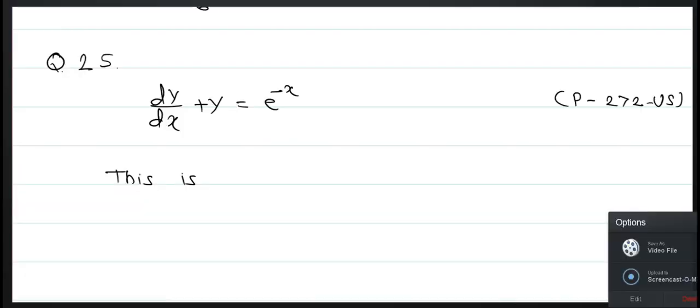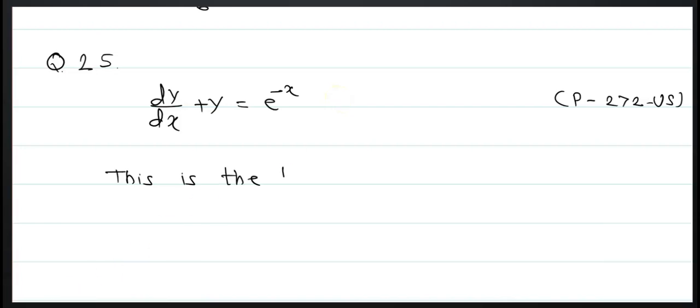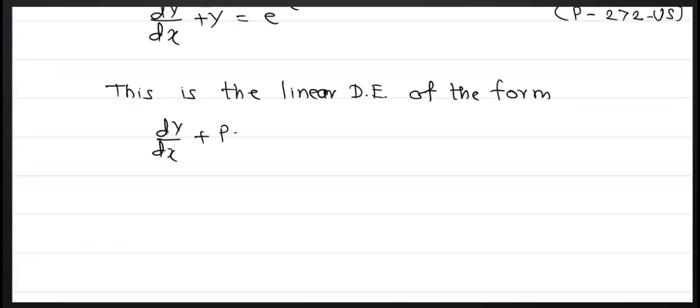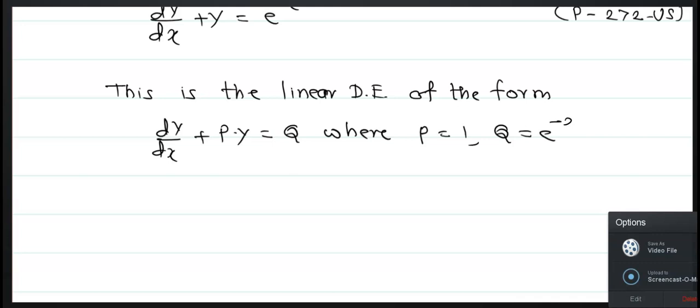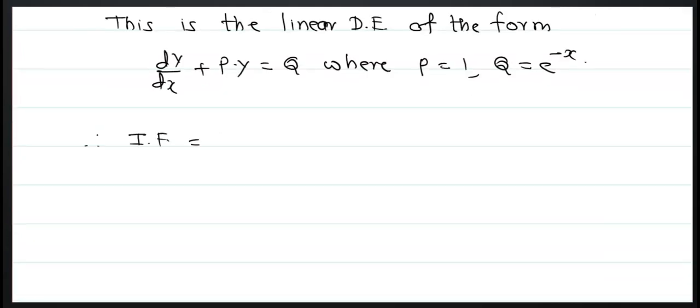Okay, solution on this. dy by dx plus y is equal to e raised to minus x. This is a linear differential equation of the form dy by dx plus py is equal to q, where, if we compare it, p is 1 and q is e raised to minus x.